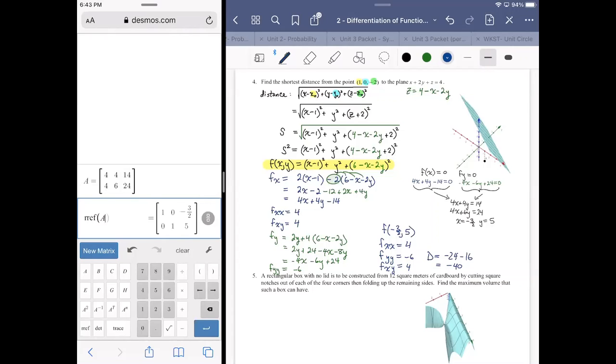X minus 1 minus 0. Checking. I'm not seeing it. I'm not seeing what I did.